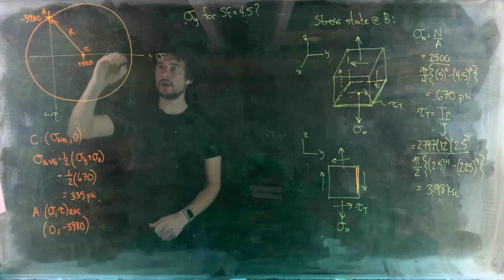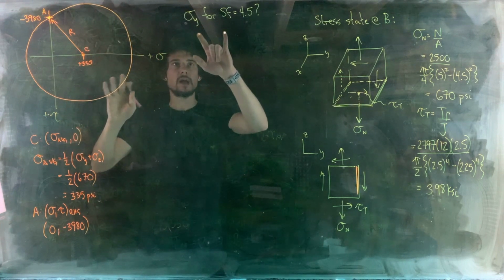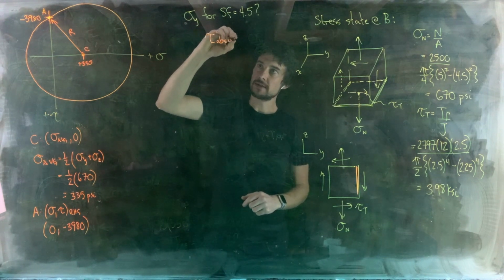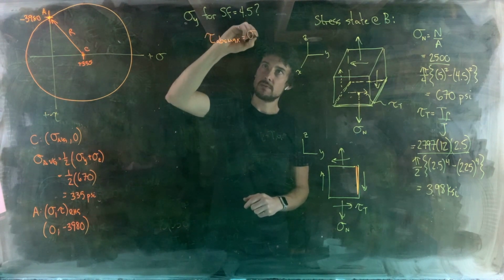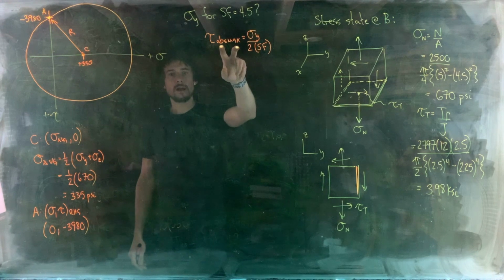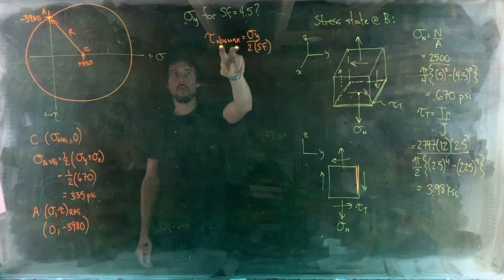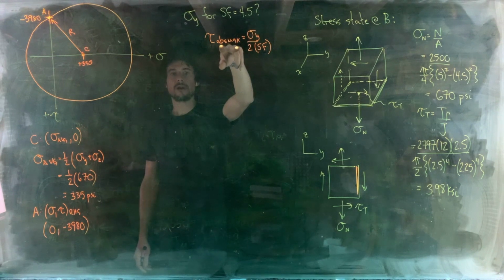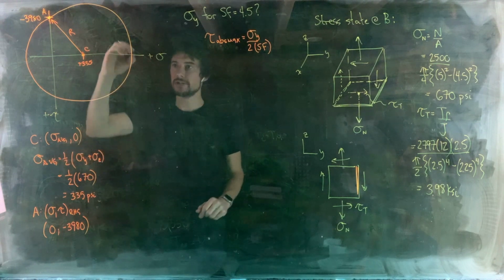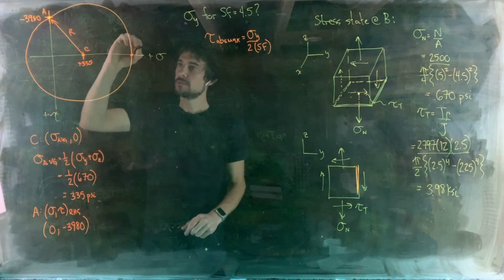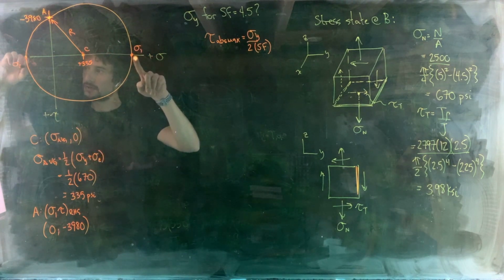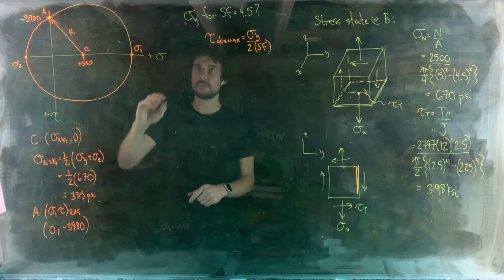Okay, so when you're thinking about the absolute maximum shear stress theory, I shouldn't have erased that. Tau abs max equals sigma y divided by 2 times our safety factor. What you want to do is identify your principal stresses, and then the absolute maximum shear stress depends on the signs of the principal stresses. So we've got our first principal stress, sigma 1, is a positive value. Our second principal stress, sigma 2, is a negative value, right?